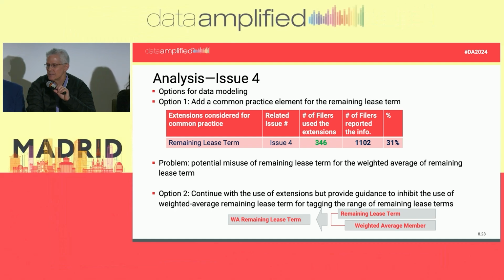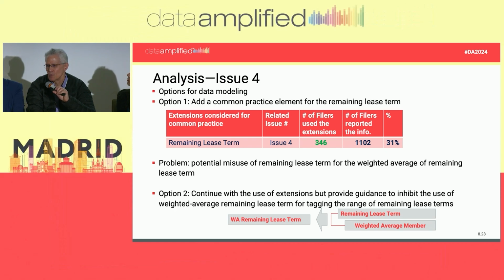And that we thought would probably be better than the range axes. The alternative was to allow them to continue extending and provide some guidance to inhibit use of the weighted average remaining lease term using the range axes. But at the end of the day, option 1 won out.